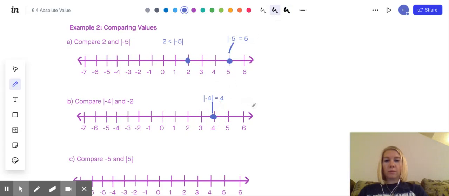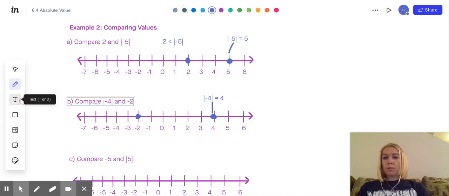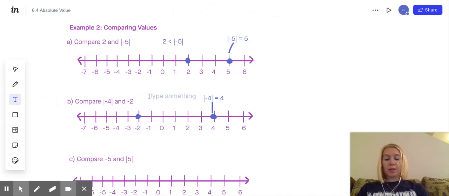It's going to show you a line of where that came from. The absolute value of -4 is 4, so that's why it's graphed at 4. And then we're comparing it to -2. Okay, so is the absolute value of -4 greater than or less than -2?